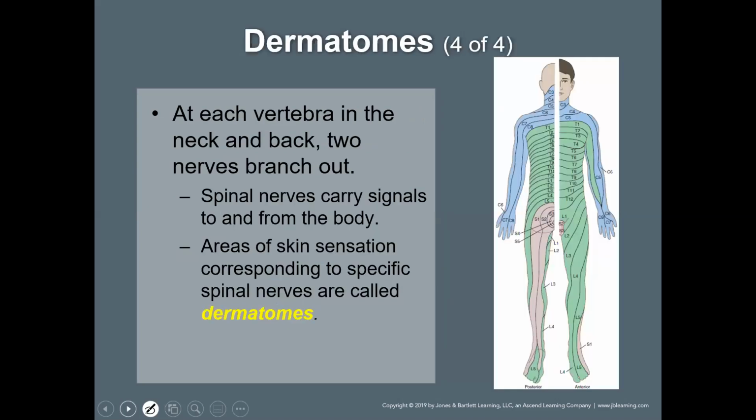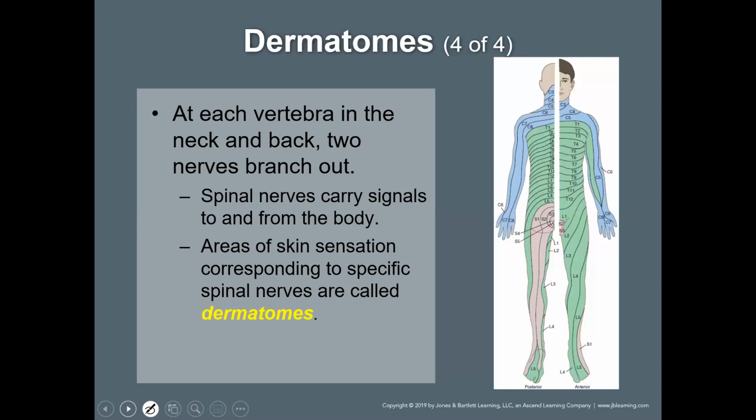Okay, now we're gonna talk about dermatomes. And I really didn't learn a whole lot of this until I got into my paramedic class and saw how cool it was. At each vertebra in the neck and back, there are two nerves that branch out, and those are called spinal nerves.